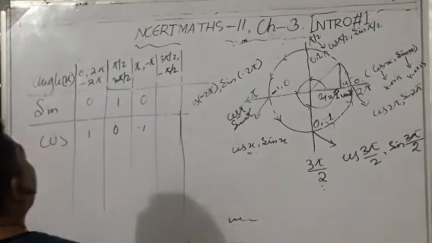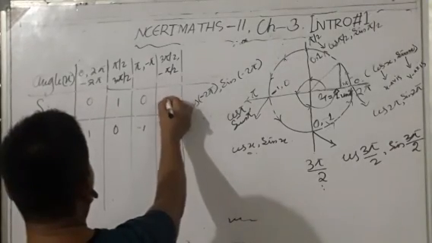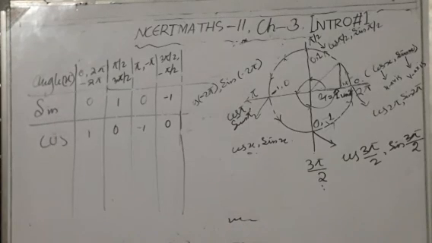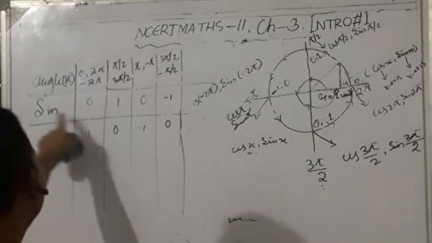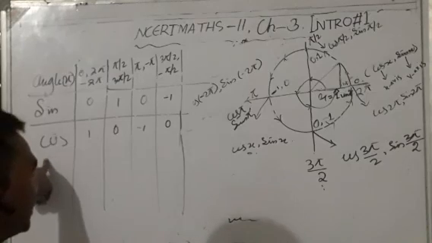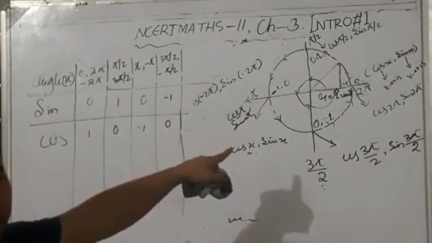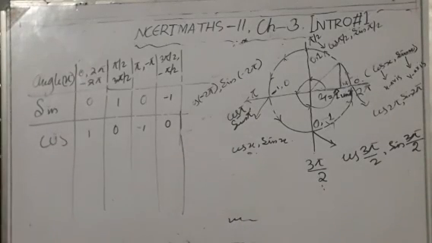This is just the reverse of that: minus 1 and this is 0. Okay, fine. These are the values of sine and cos found with the help of the coordinates on a circle of unit radius. Correct? Okay, my dear, before rubbing it, please pause the video and write it down before proceeding further to the next topic.